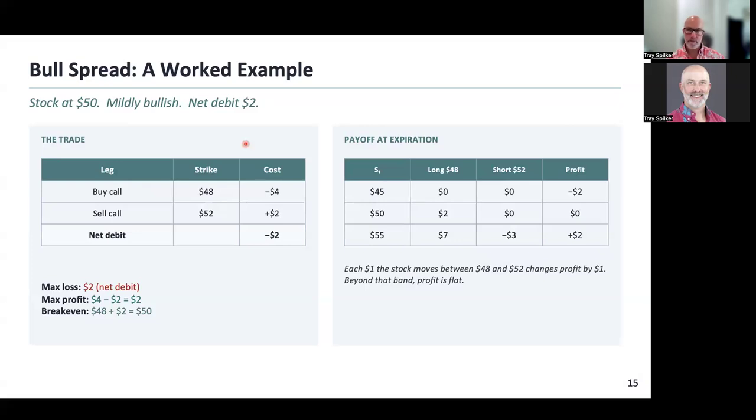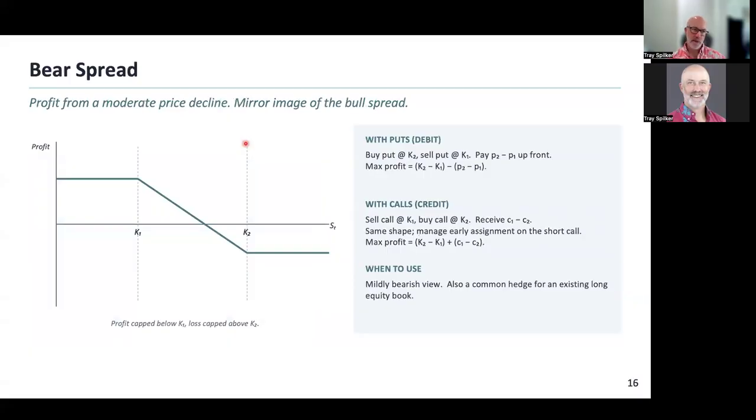All right, our next strategy we'll take a look at is something called a bear spread. And this is one that profits from a moderate price decline. It's just the mirror image, around the vertical axis, of the bull spread. Two ways to put this on.